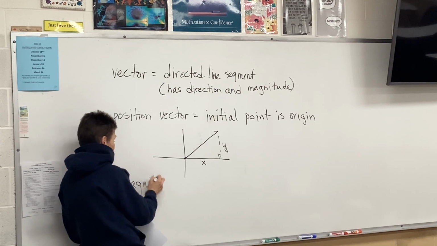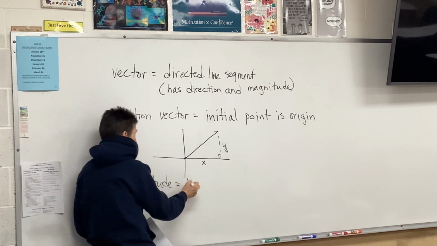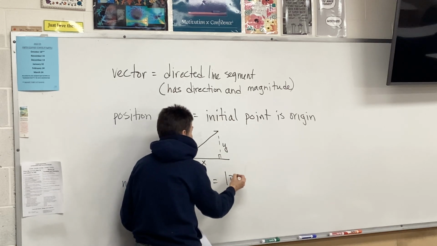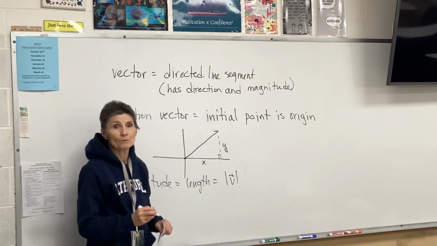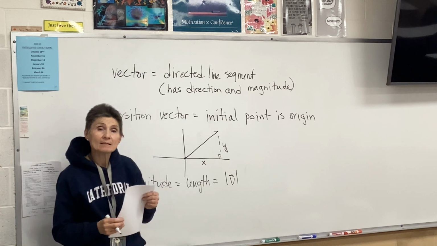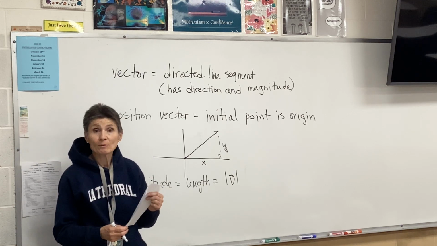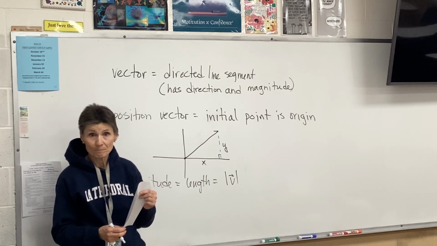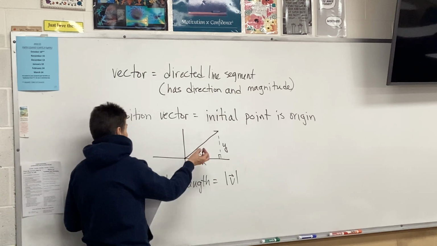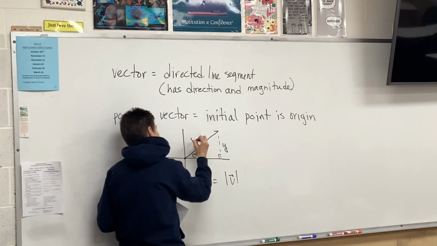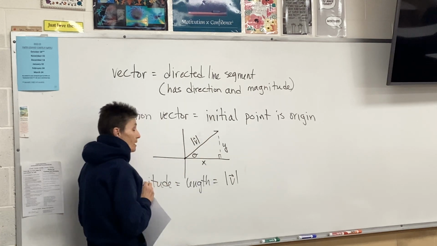Magnitude is length. And the notation we use for that is absolute value. So when you put a vector inside what looks like absolute value marks, you're talking about its magnitude. So, got some angle theta here in standard position, and this right here is the magnitude of the vector.